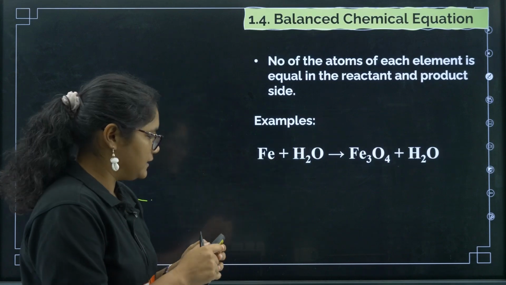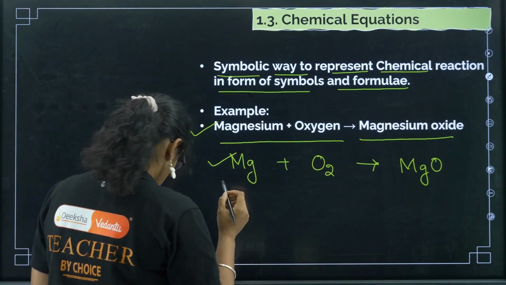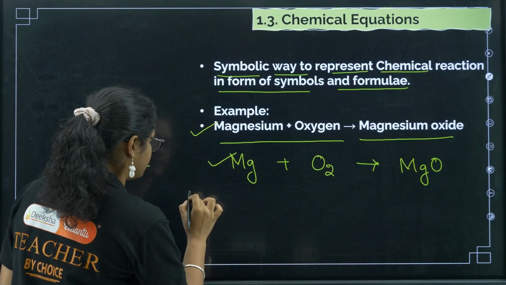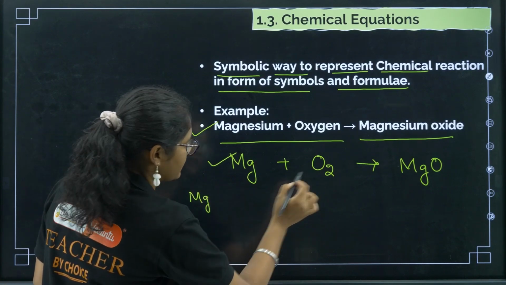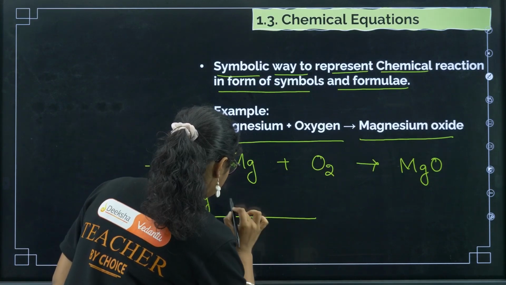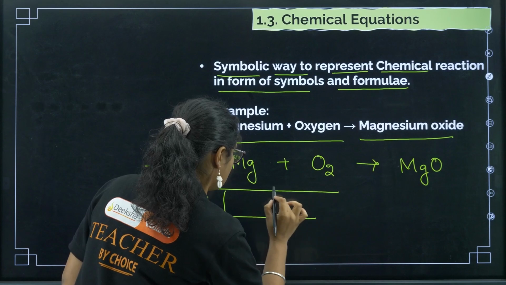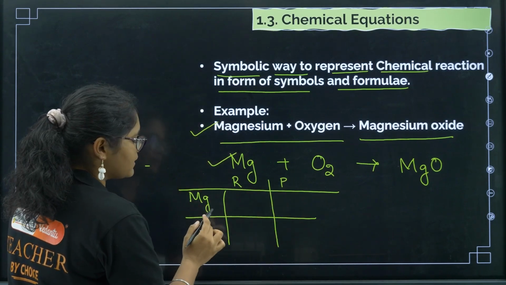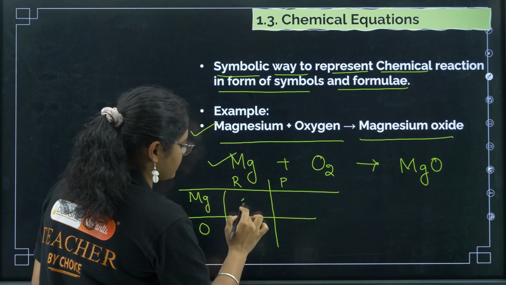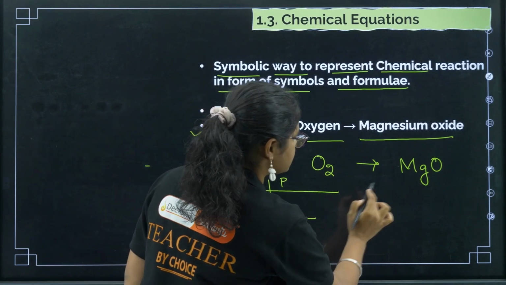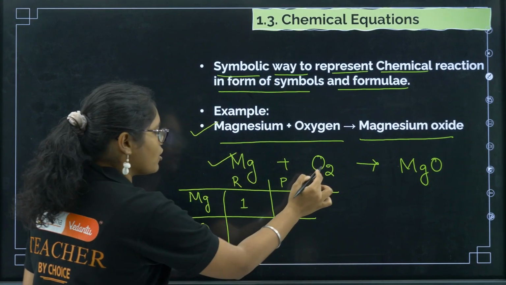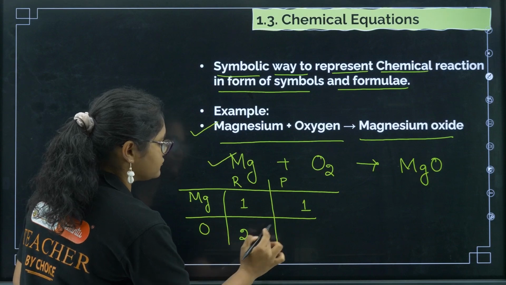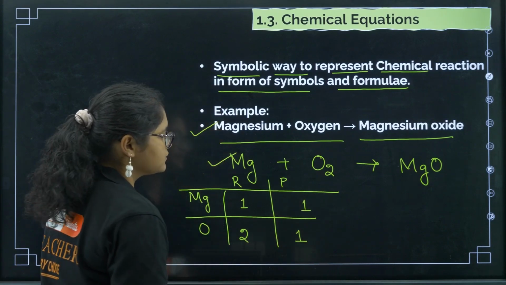So tell me the number of magnesium. We have magnesium here and oxygen here, right? I'll make a table here, reactants and products. What is the number of magnesium on the reactant side? We have 1, and on the product side also 1. The number of oxygen on the reactant side is 2, and on the product side it is 1.